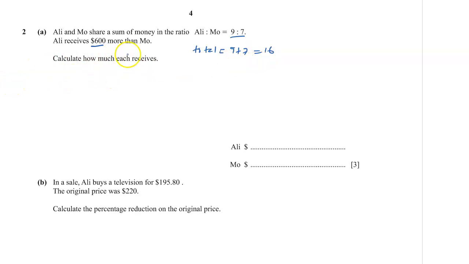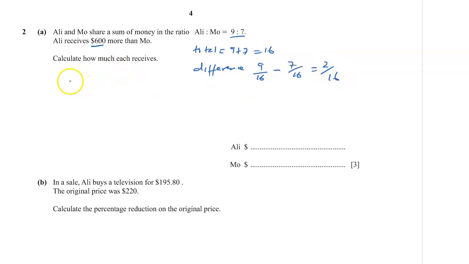Therefore, for Ali to receive 600 more than Mo, we look at the difference between 9 and 7, which is 9 over 16 minus 7 over 16. This gives us 2 over 16.